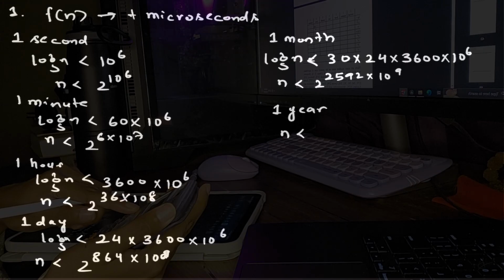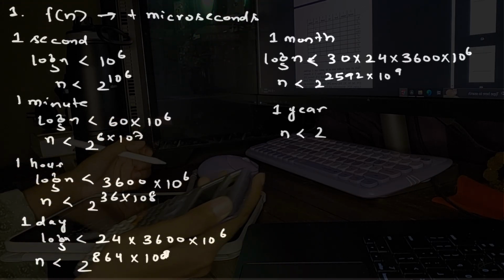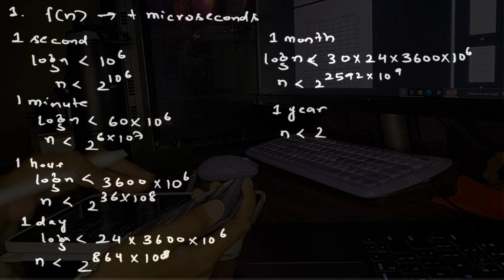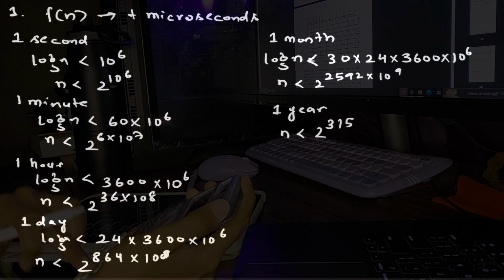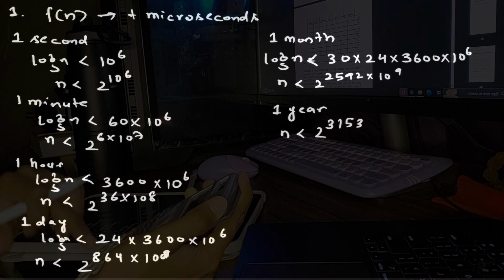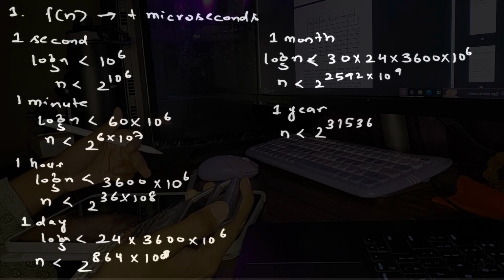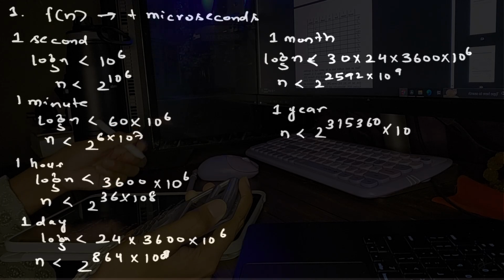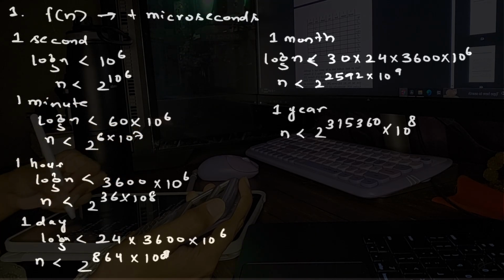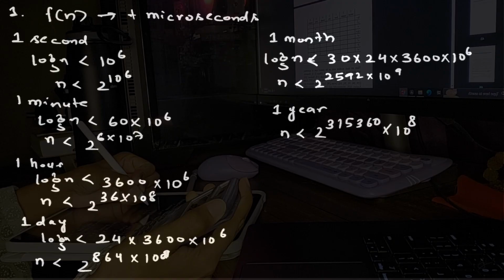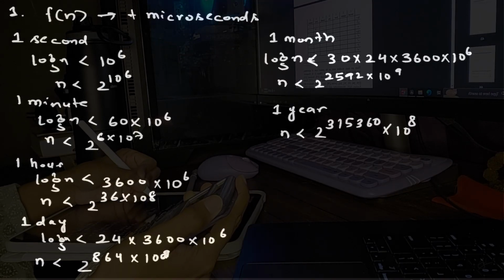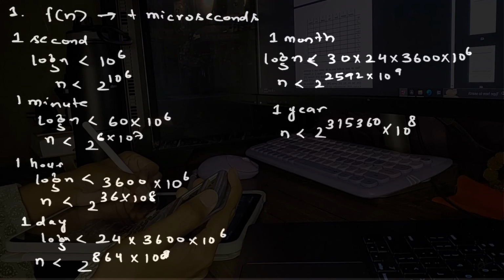So we could do it by day. In that case, you'll just multiply 864 into 365, which will be 31536 into 10 to the power of 8. It could be 9, 10, 11, 12, 13. If you want to write, you can write 2 to the power of 3.15 and 10 to the power of 13.